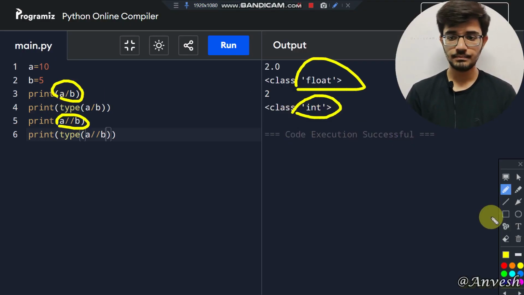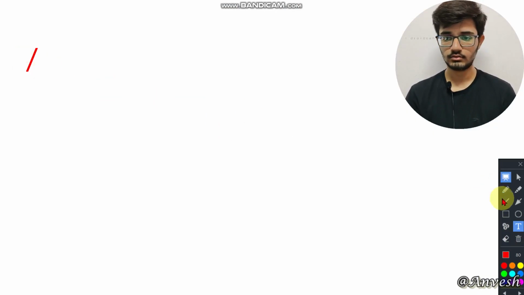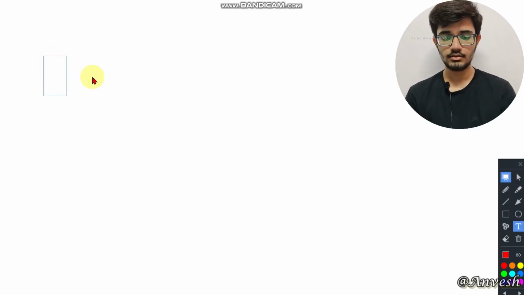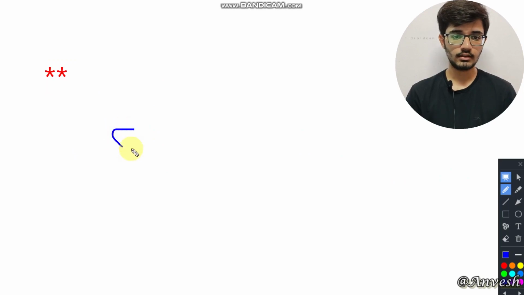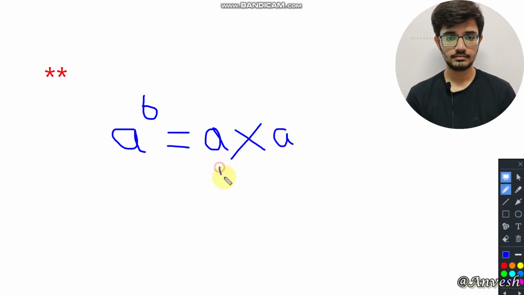And now let us see the exponent or power operator. We must use the double asterisk character. So what actually happens is, whenever we perform a power b, in mathematics, a power b is taken like this. What it means is a into a, b times.